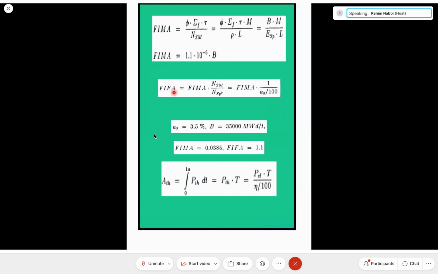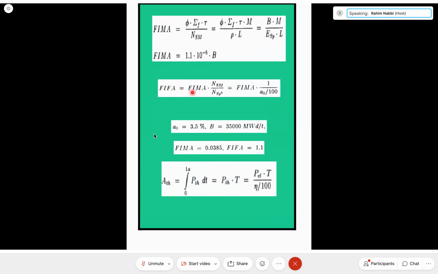Good. We found out the relationship between two different units, and there is one additional unit called FIFA, fission per initial fissile atoms. Fissile atoms, I said, are fissionable material, uranium-235, plutonium, and so on. That means in this case, if we have a PWR core, then mainly fissile is uranium-235.